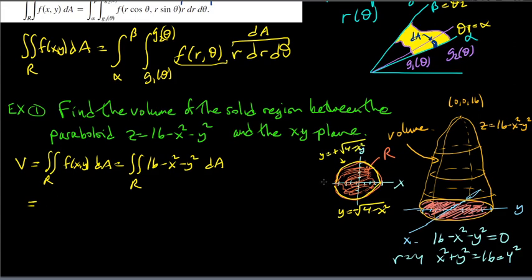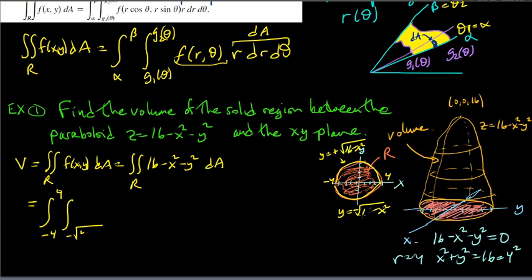And then x just goes from negative 4 to 4. So from negative 4 to 4 of the integral from negative square root of... why did I say 4 minus x squared? It is 16, isn't it? Yep, because the radius is 4, but r squared is 16.